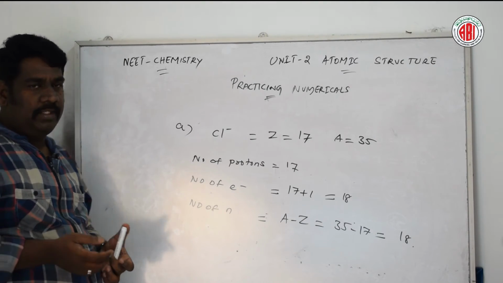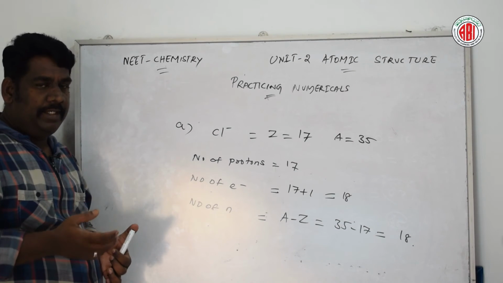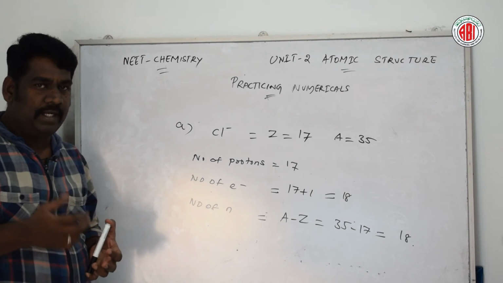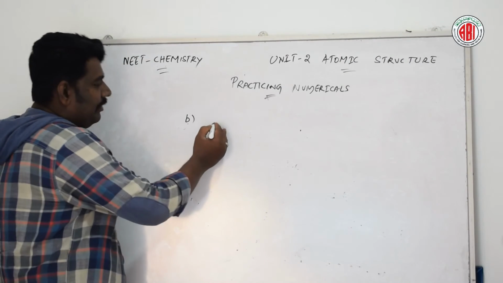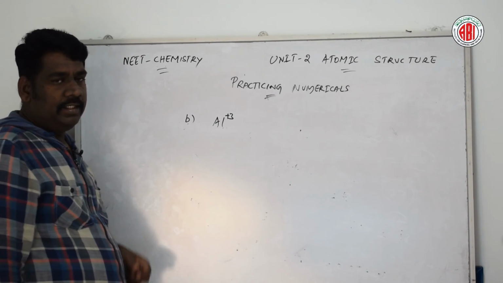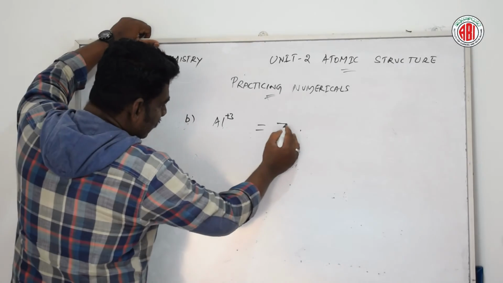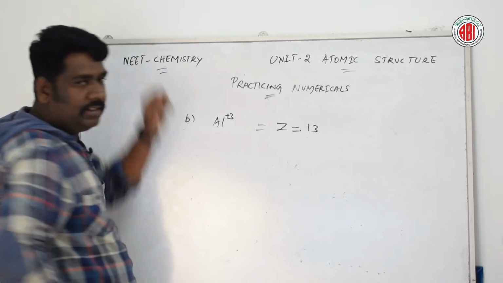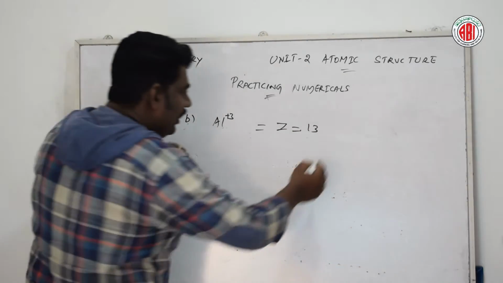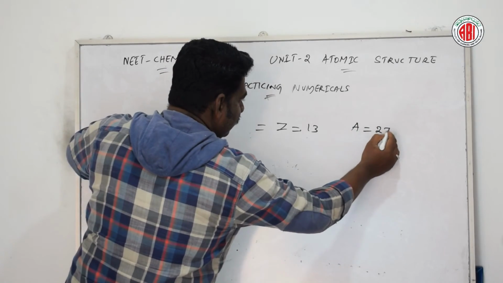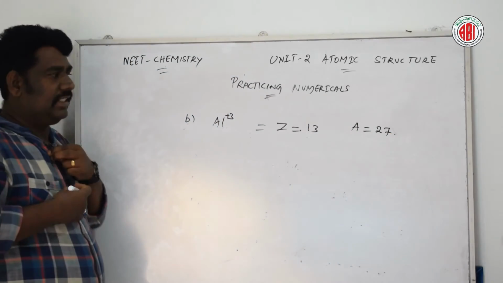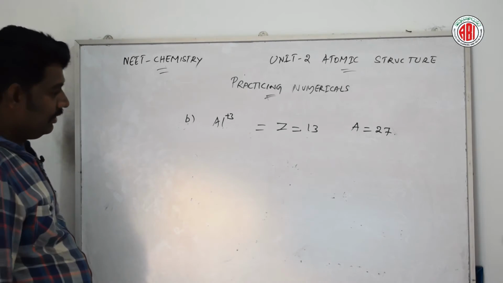Now let us talk about the other question, the aluminum ion and its number of protons, neutrons and electrons. Aluminum ion, Al3 plus, has Z value 13 and A value 27. So both the atomic number and mass number are given.